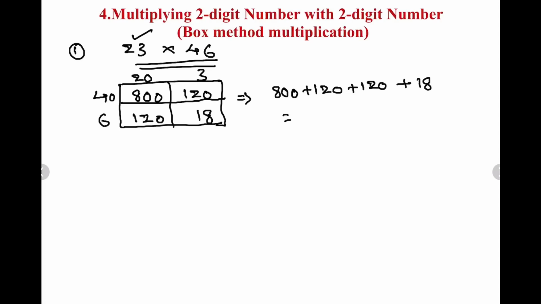This is equal to 120, 120, 240 plus 800, 1040, 1040 plus 18, 1058. So this method will take so much time. So if you are comfortable with this method, you can follow this method, or else you can follow the previous method.